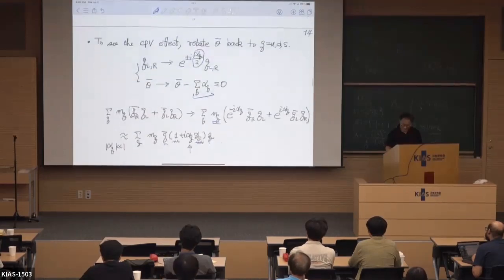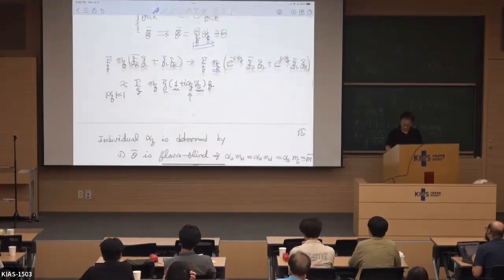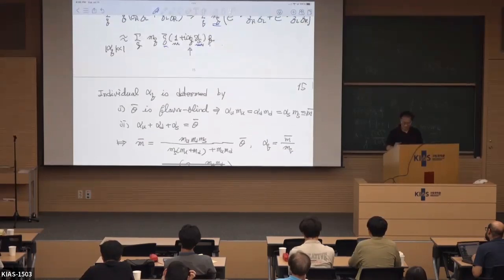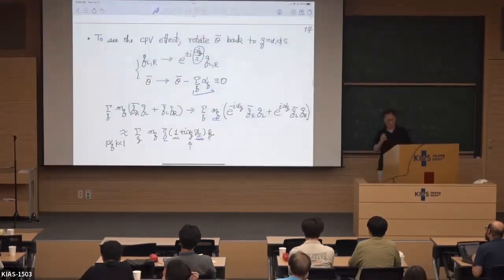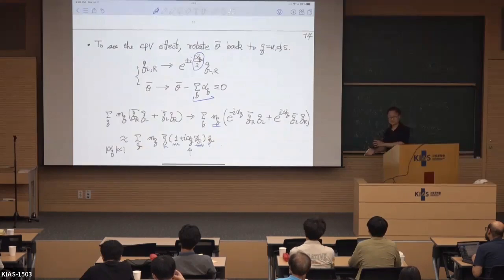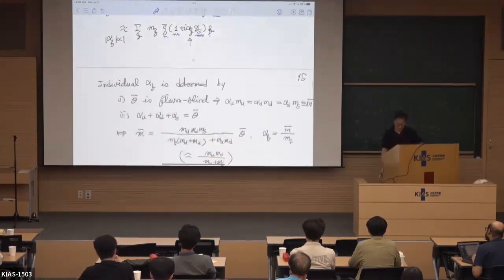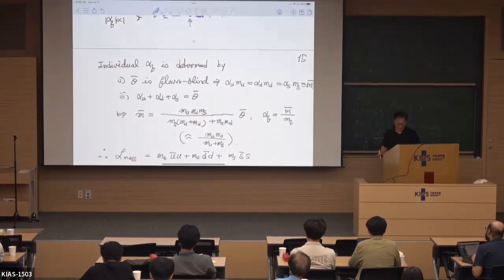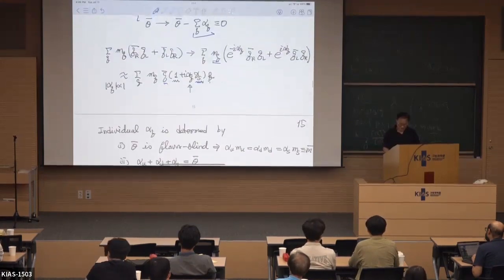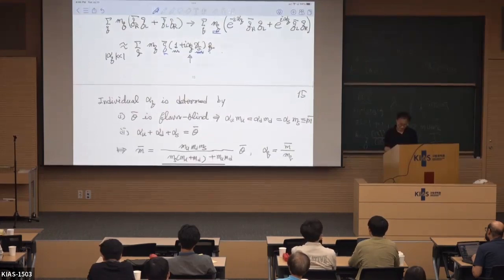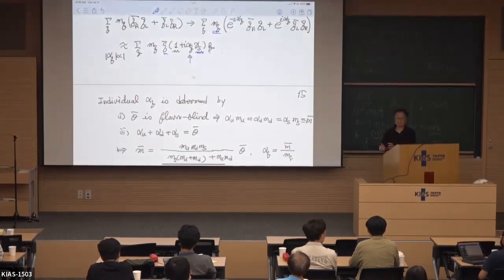Now, how to determine these individual alphas? Theta bar in the G G dual term is basically a flavor independent term. So it sounds reasonable to assume flavor blindness of theta bar, so this effect should also be flavor blind. Meaning that alpha Q M_Q, alpha U M_U, alpha D M_D, alpha S M_S are the same, which we call M bar.